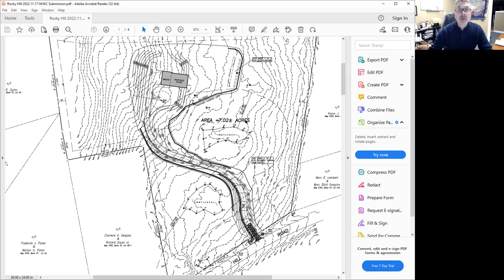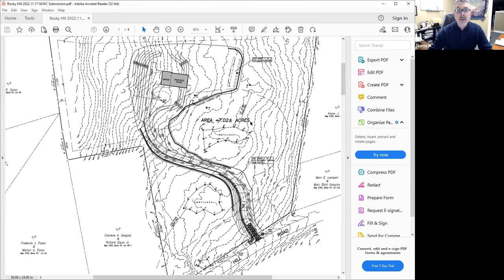All of the home itself and the septic system are outside of the 100-foot upland review area. We do have approval from the Northeast District Department of Health for the septic system design.